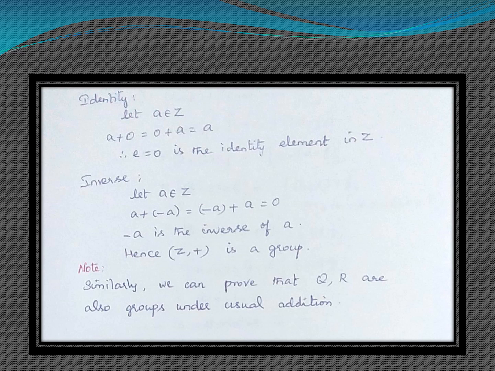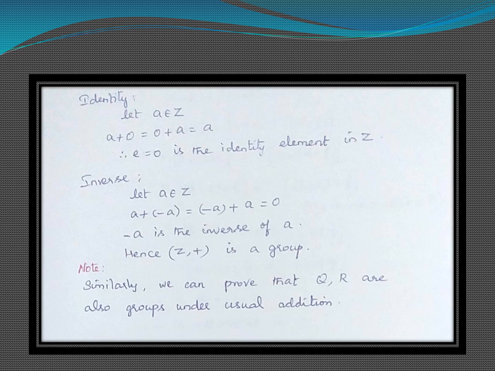This minus a is the inverse of a. Therefore, for any element a belongs to Z, there exists an inverse element minus a. Therefore, (Z, plus) satisfies the four conditions. Hence, (Z, plus) is a group.